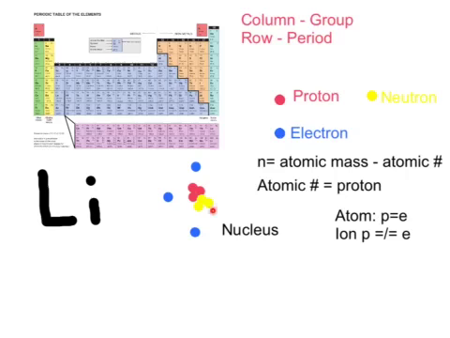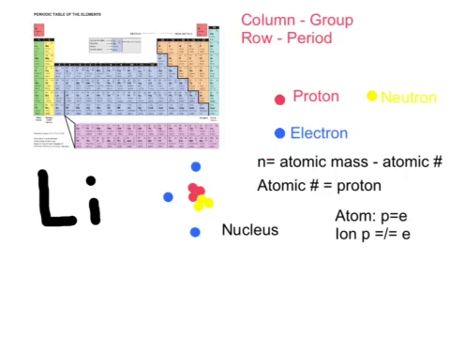The middle of the atom is formed by the protons and neutrons, and this center part is called the nucleus, and the electrons flow around the nucleus.